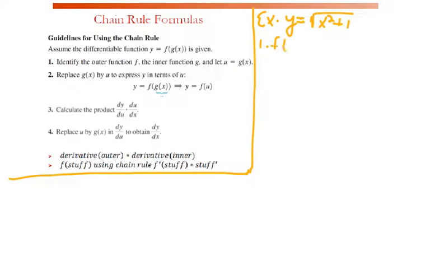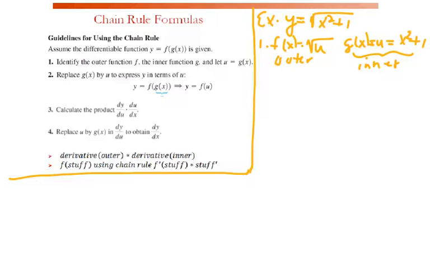So f of x is equal to the square root of some function, right? So that's your outer function. Your inner function is g of x, which we're going to let equal u for this case, and that's equal to x squared plus 1. So that's your inner function.